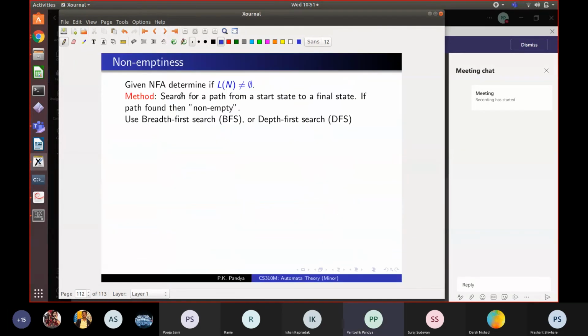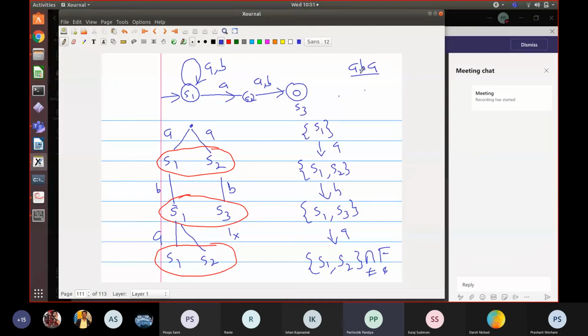Okay. What about non-emptiness? See, basically what is membership? If I want to find out whether a word like, let us say, ABA belongs to my language or not, what would I do? I have to show a path from some start state to some final state on the word ABA. Right, that is what I have to show. And since it's non-deterministic, there can be many paths on this word.